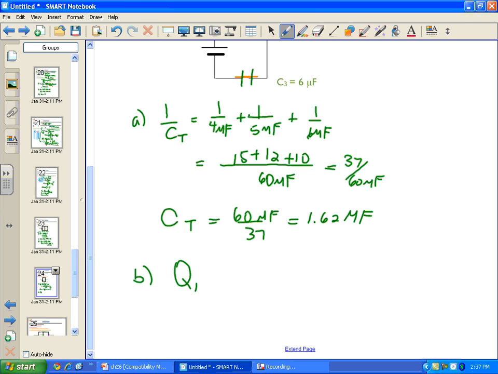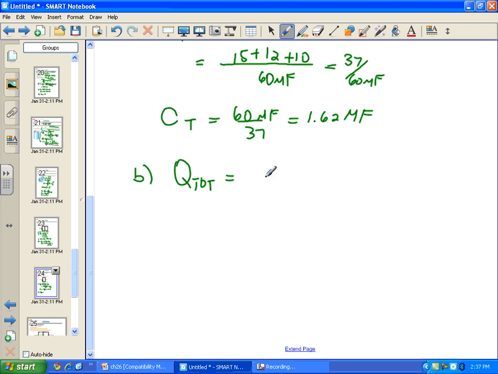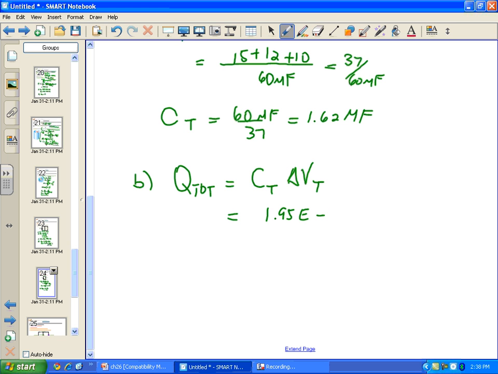Part B, Q total. Again, here, I don't know Q1, I don't know Q2. I'm going to take the C total, which I just calculated, and multiply it by the delta V total, the delta V total being that of the battery. Well, that gives me 1.95 e to the minus 5 coulombs.